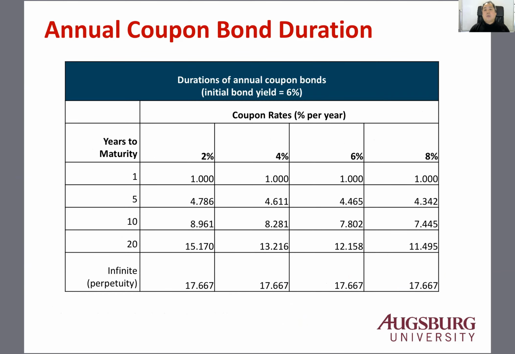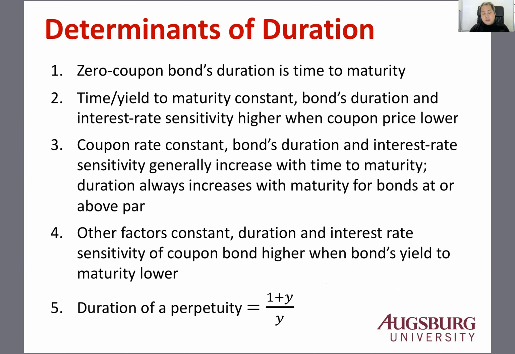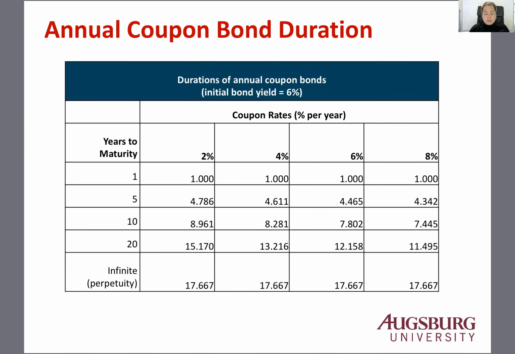This is the annual coupon bond duration. You can see the consistent result as in the previous slide. And the perpetuity duration is 1 plus 6% divided by 6%, which is 17.67. Okay, so that's how to calculate the duration.